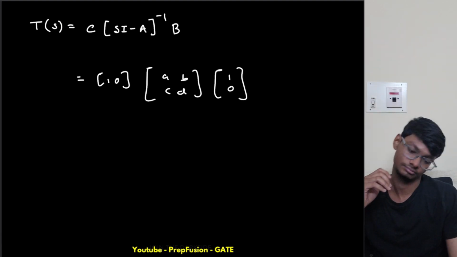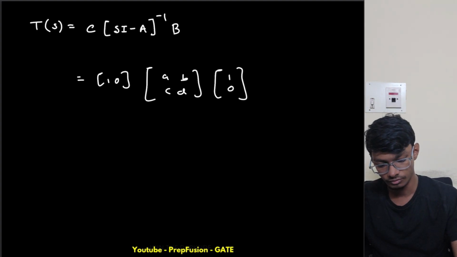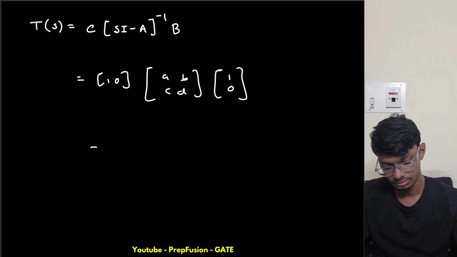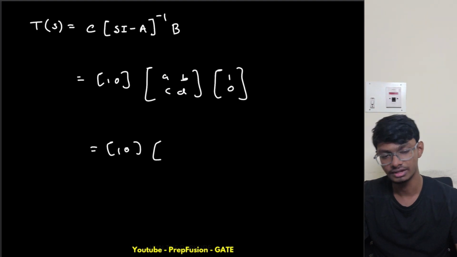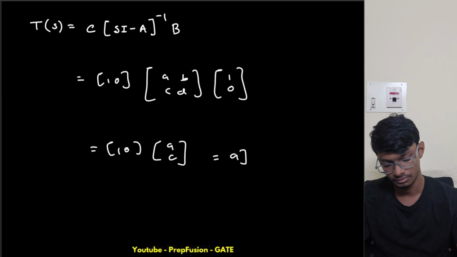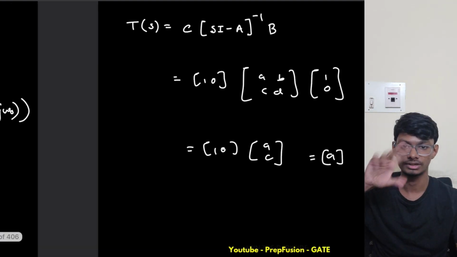So what we are doing is simply taking the first column. Multiplying 1 with this and 0 with this, it becomes A only, the first element of the inverse of the matrix.